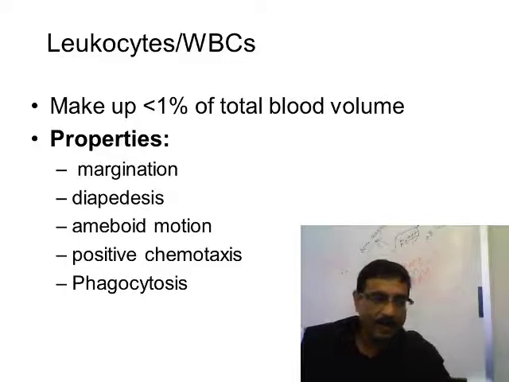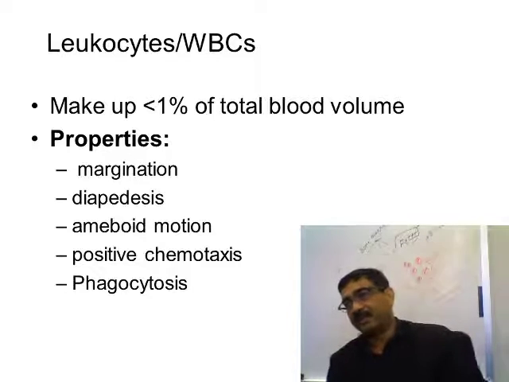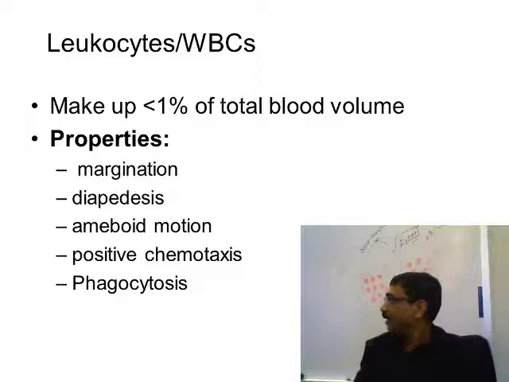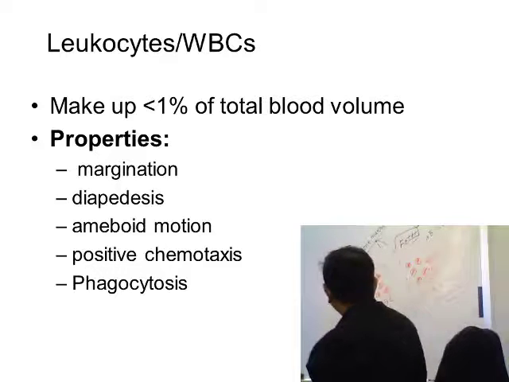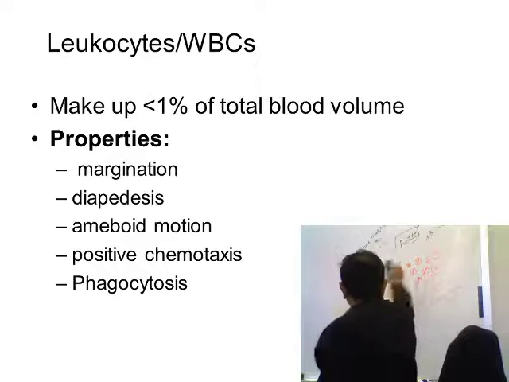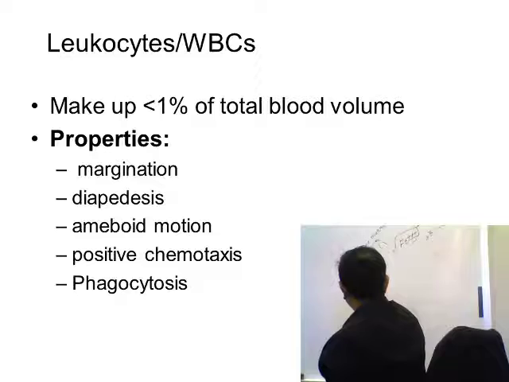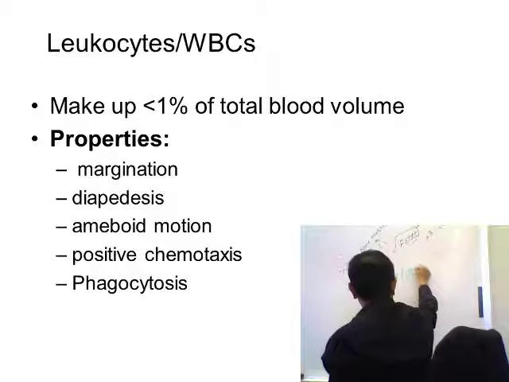Okay, so now we'll talk about the leukocytes. Leukocytes are the white blood cells. The white blood cells are mainly responsible for immunity. I have mentioned that before. The white blood cell count is 4 to 11,000 per microliter of blood.